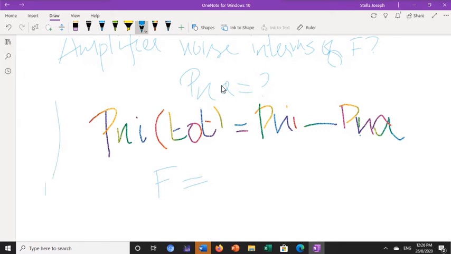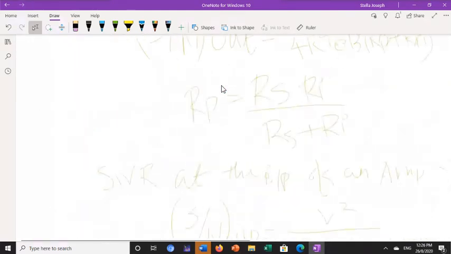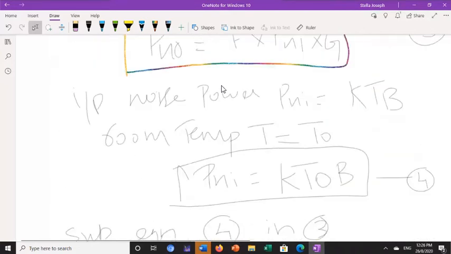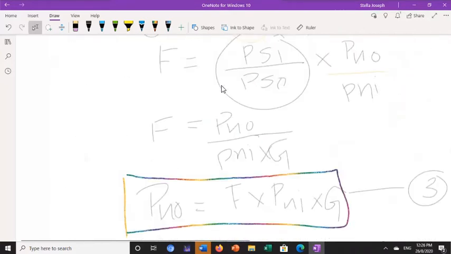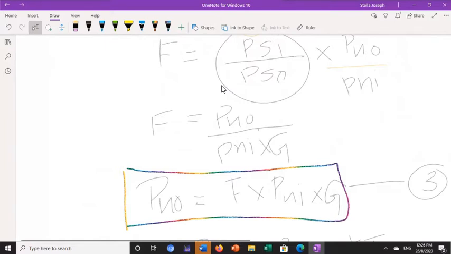Okay, I'll go back to the noise factor. See the noise factor value.